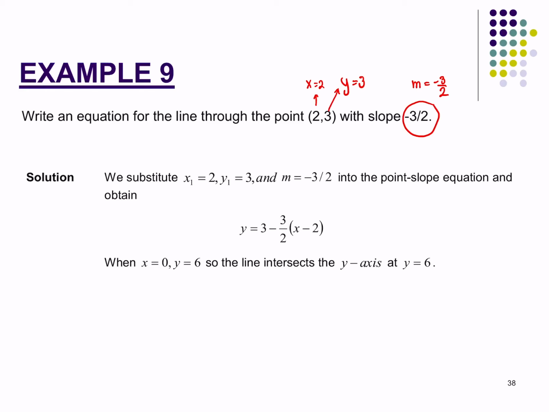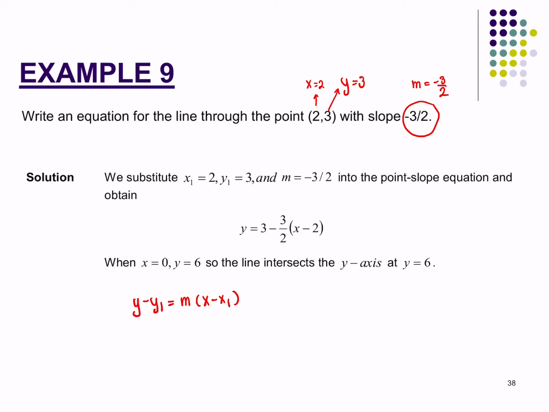So remember from the previous point slope formula, you have y minus y1 equivalent to the value of the slope multiplied with x minus x1. So in this case, let's focus that the point 2, 3 is the point where the line is passing through.